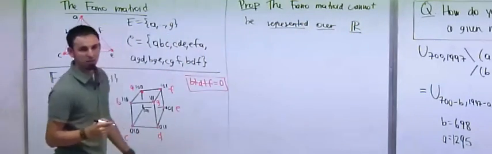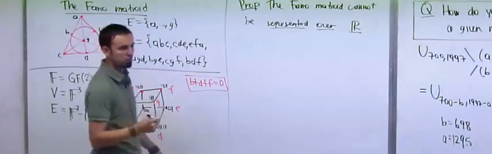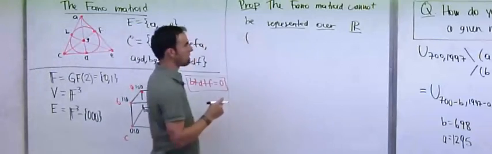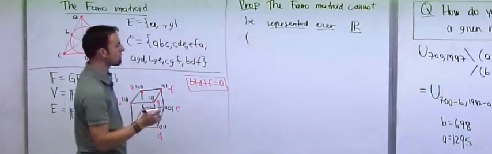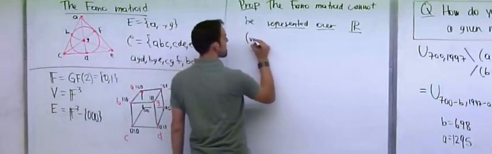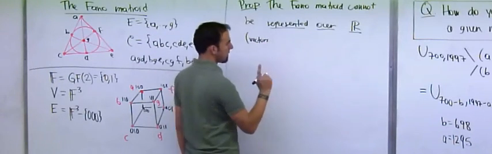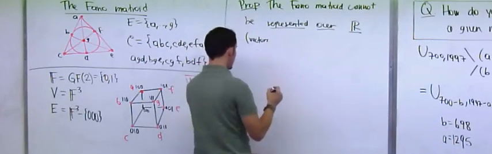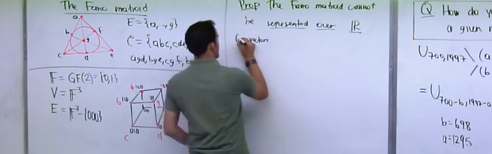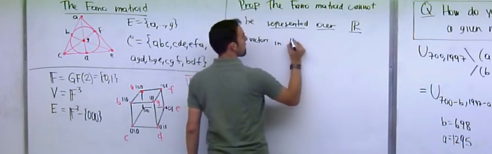And what this means is that it cannot be represented as vectors in a real vector space. But that doesn't mean that it has characteristic 2. As vectors in R3.